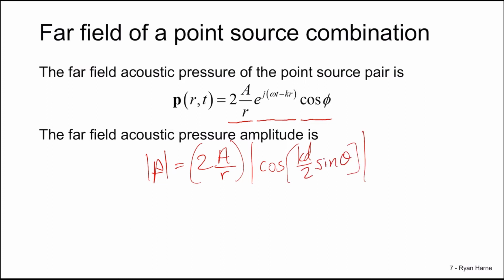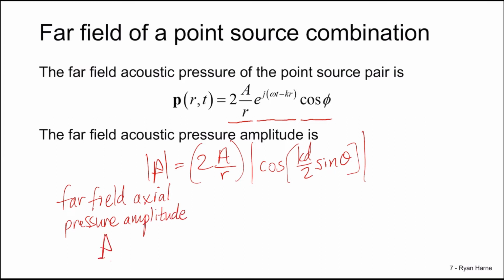We can decouple this acoustic pressure amplitude into 2 important parts. We have the far field axial pressure amplitude, which is the first part, showing the radial dependence in the variable r. This is written as capital P sub ax, which is a function only of r.